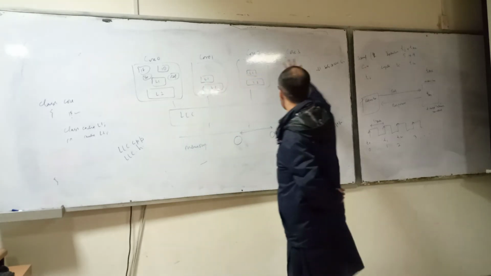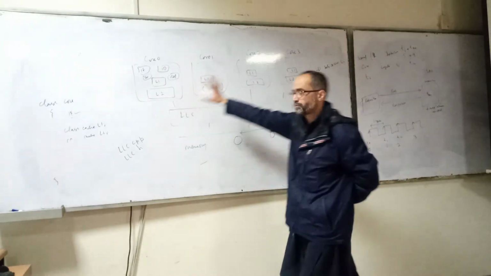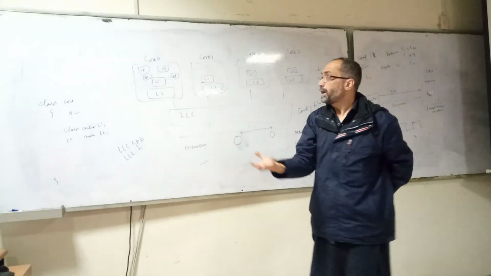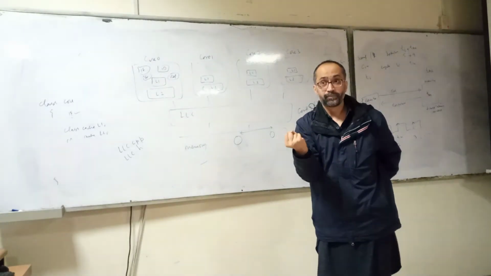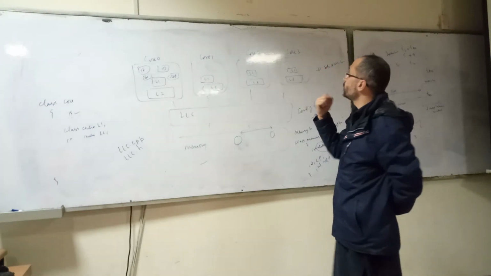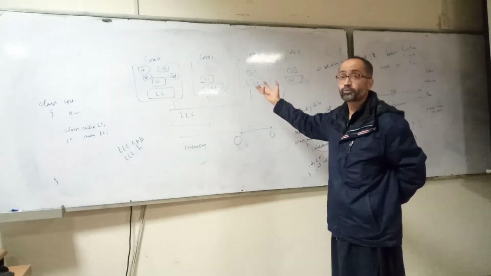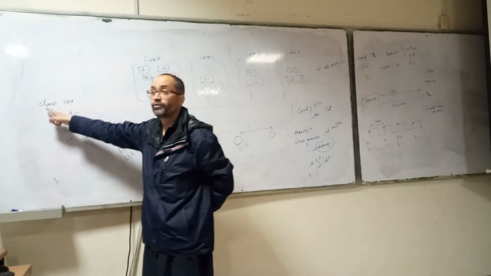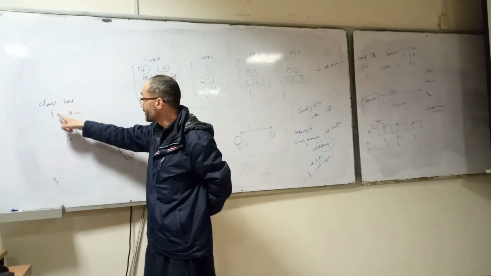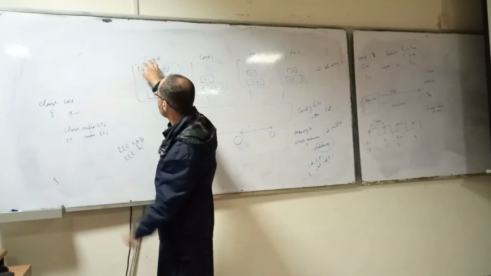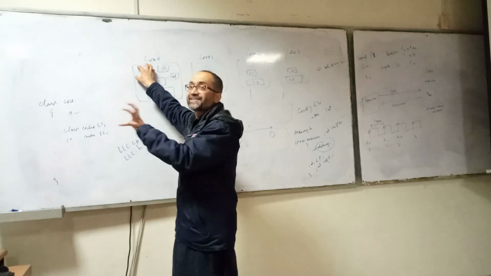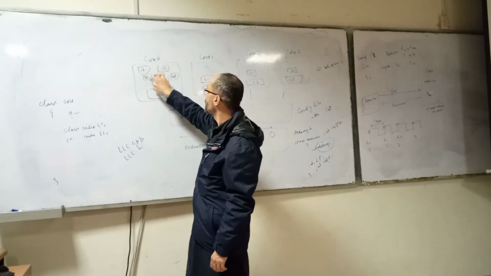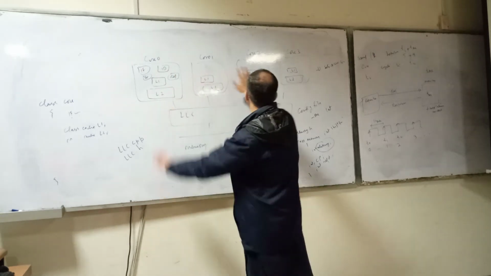If we want to simulate this kind of system, we need a simulator, and this simulator is C++ based. When it is C++ based, you need some classes. So we will have a class of core, and within this class we have different subclasses: one for instruction fetch unit, one for decode unit, one for execute unit, one for L1, and so on. So let's assume we want to simulate 4 cores.